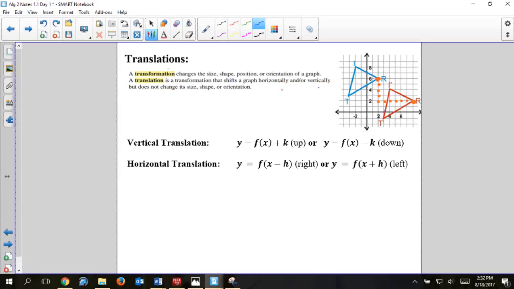That's all that's for. Now, to do a vertical translation, you're going to have a function, f of x, and you'll either add a number, k is just the number, or you will subtract a number. The f of x is a parent function.